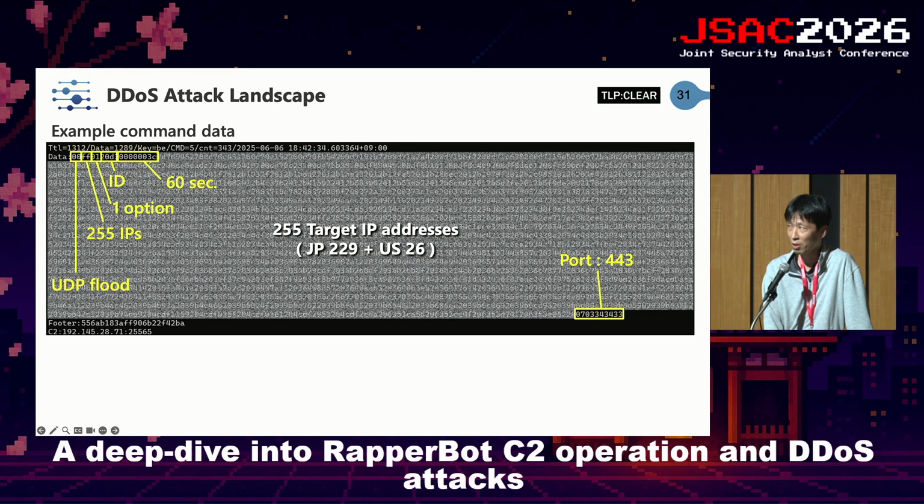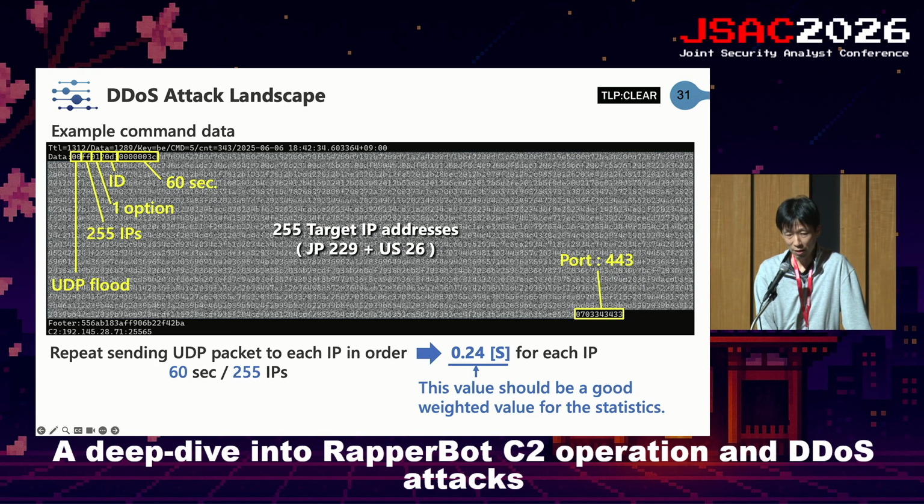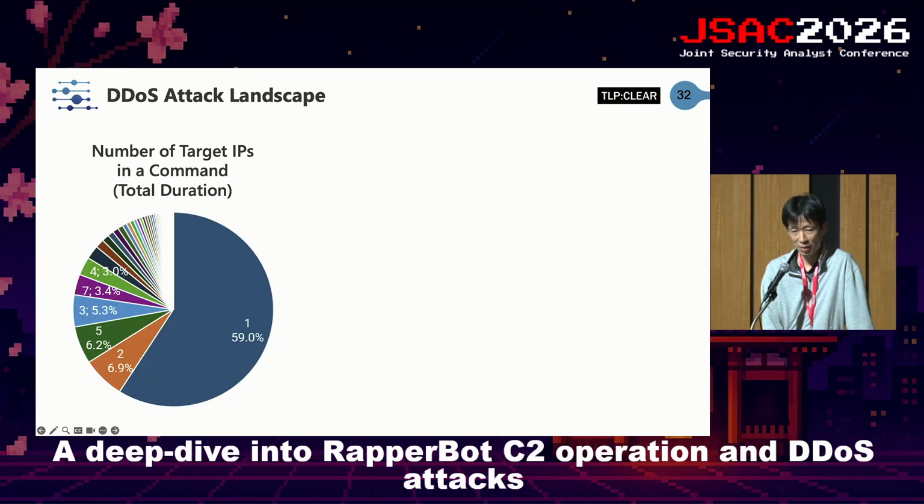This single command, therefore, attacked 229 victims in Japan, but UDP packets are sent to 255 IPs in a sequential manner, leaving only 0.24 seconds of attack duration per IP. So, using this time, we created the following statistics.